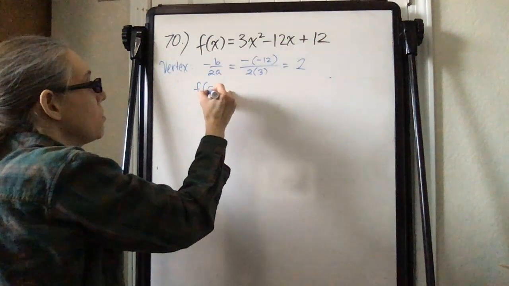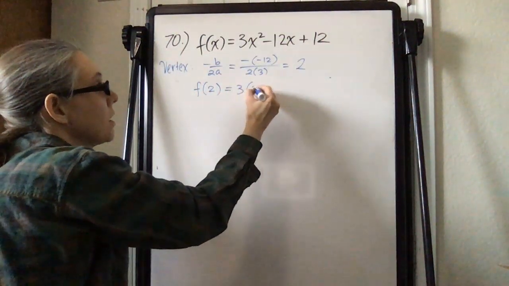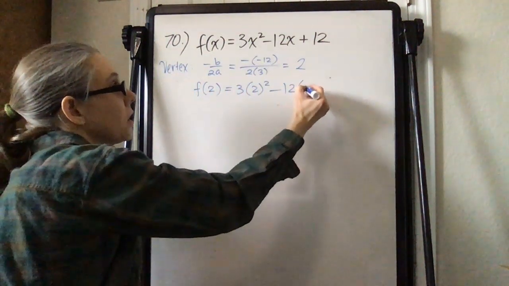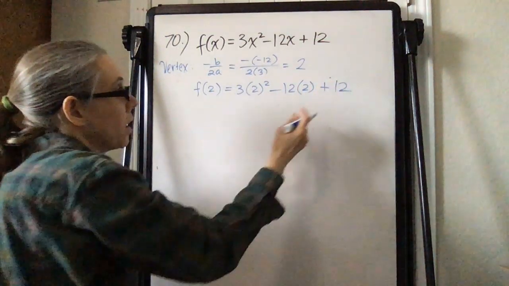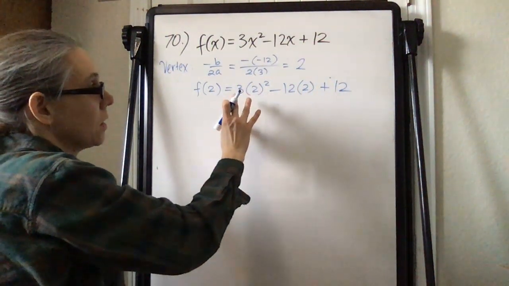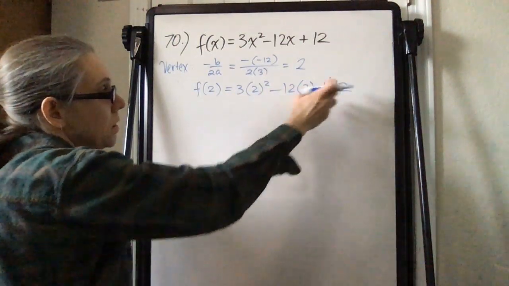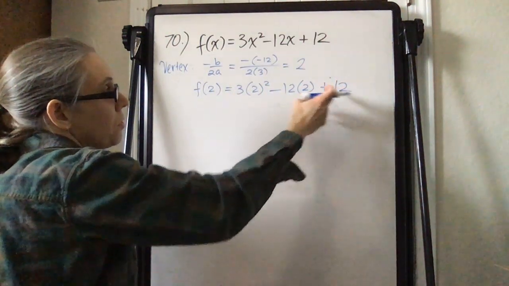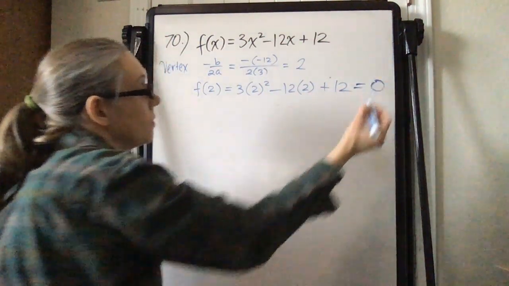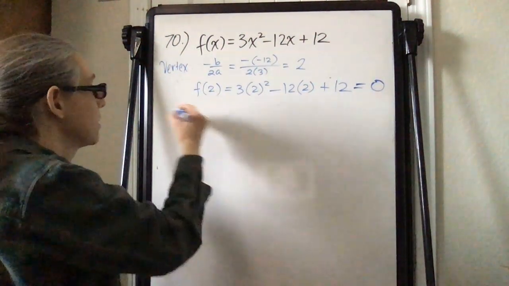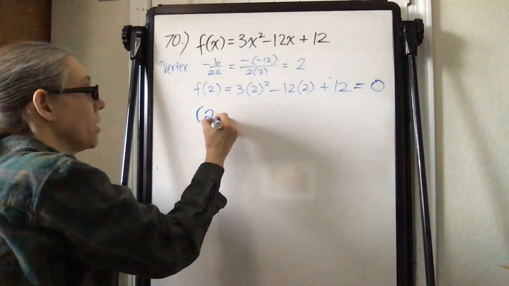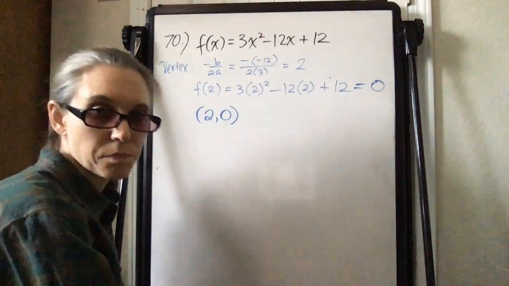And f of 2 is 3 times 2 squared minus 12 times 2 plus 12, which is 12 minus 24 plus 12, which is 0. So as it turns out, the vertex is actually the point 2, 0.